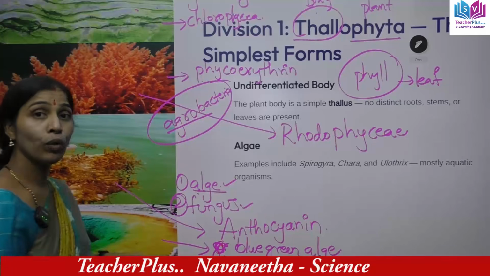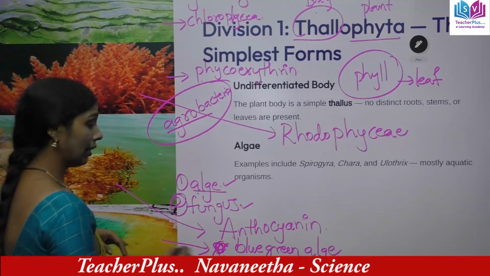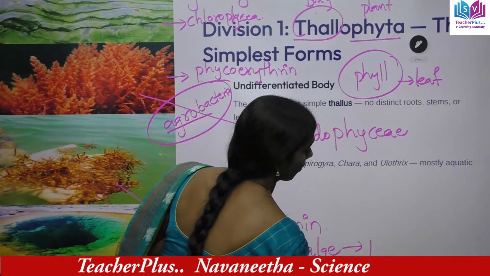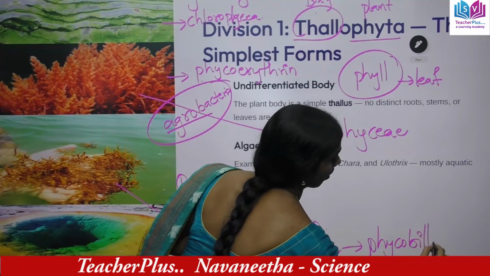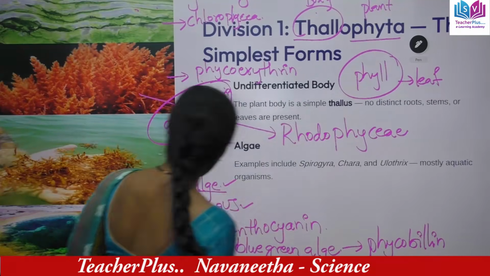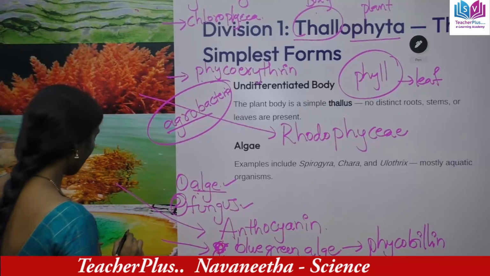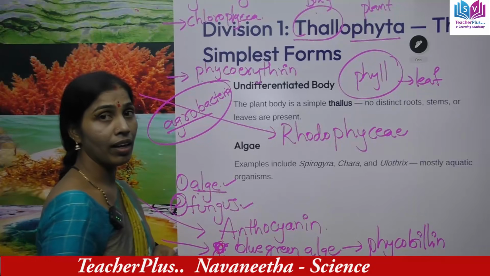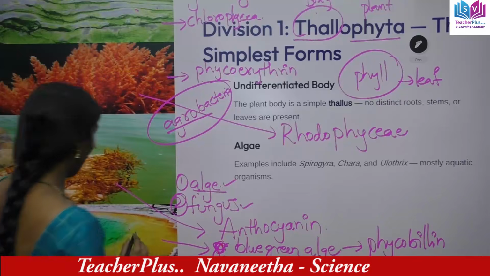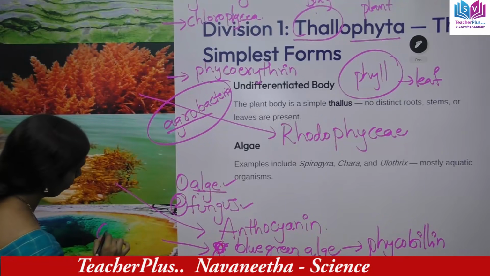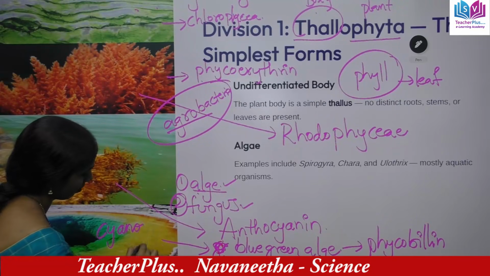Why is it blue-green algae? Because it has a pigment that is phycobilins pigment. So that is the reason this algae is blue in color, both blue and green shades. So this is also called cyanophyceae.